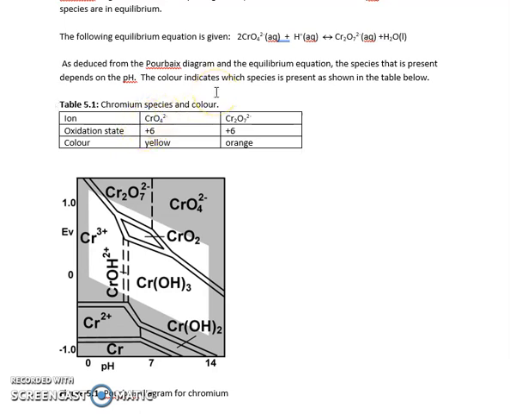Now we can also represent this change in speciation by an equilibrium equation as shown over here. We have the chromate reacting with some protons forming the dichromate ion. So you can imagine if you have a high amount of protons, it will push the reaction towards the right.